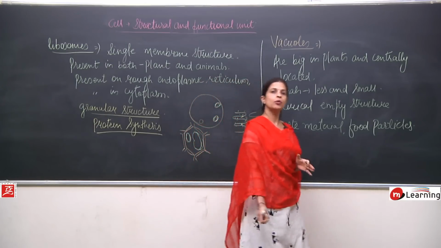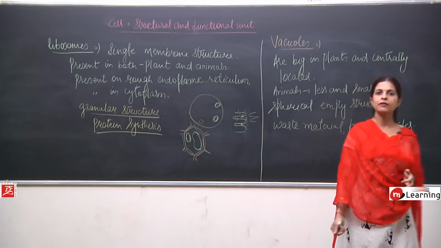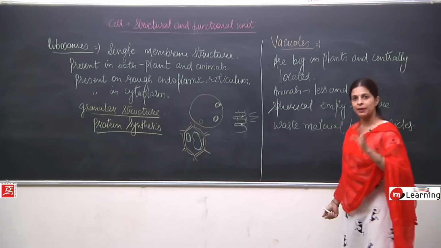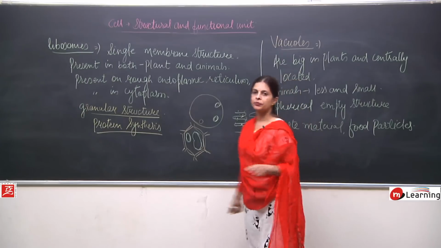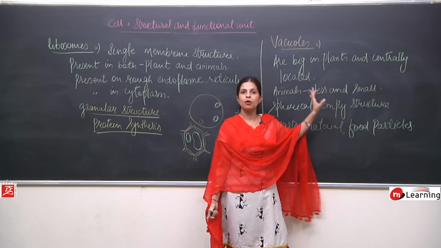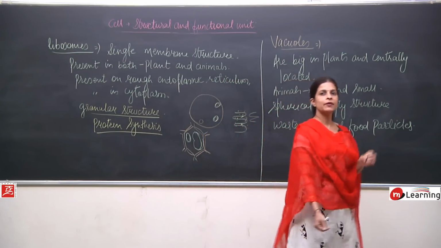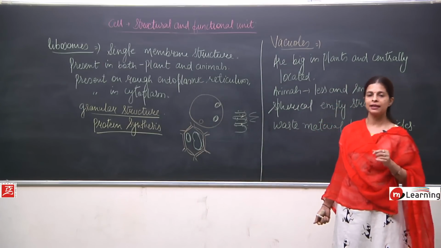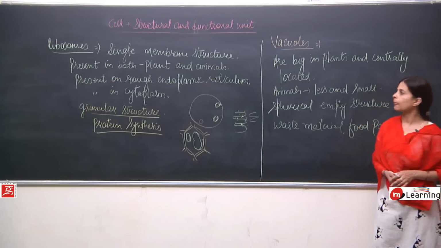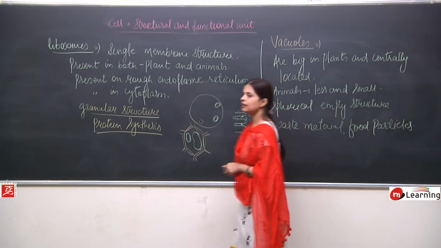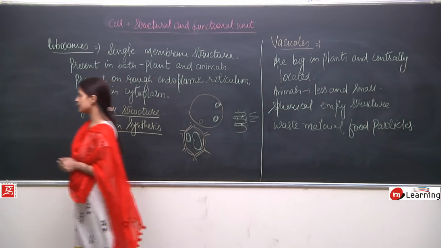Both structures, the ribosomes and the vacuoles, are present in both the plants and the animals. Specifically, the vacuoles are very big in plant cells while very small and fewer in number in the animal cells. Now we will be discussing the next organelle.